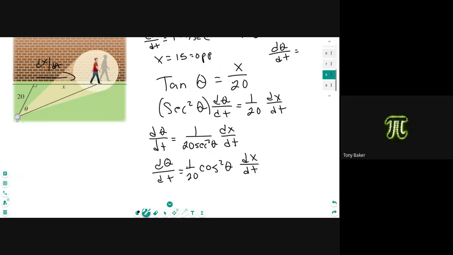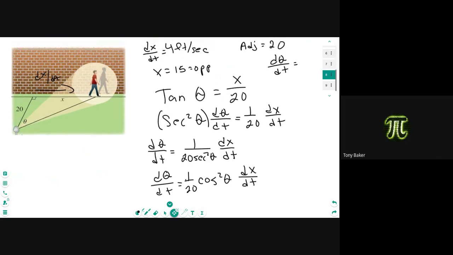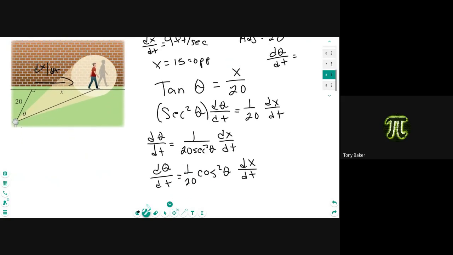All right, so I know the dx dt is 4. But I need to know what cosine squared theta is.